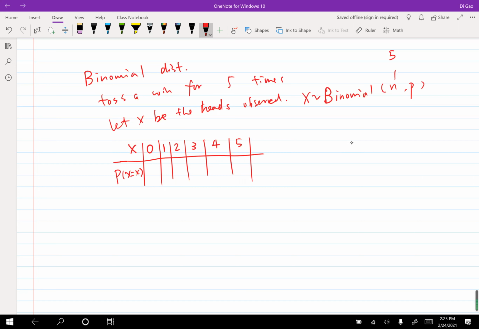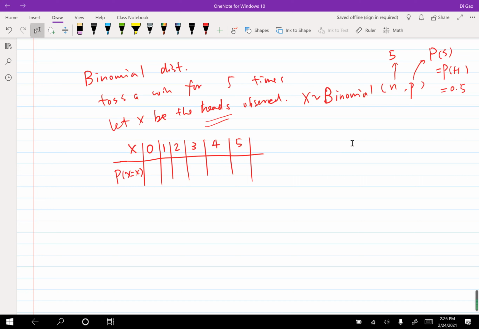We toss the coin 5 times, so n equals 5. What about the little p? It's the probability of success. In this case, we're focusing on heads observed, so that's the probability of a head, which is 0.5 since this is a fair coin. So that's the binomial that we have, binomial 5, 0.5.